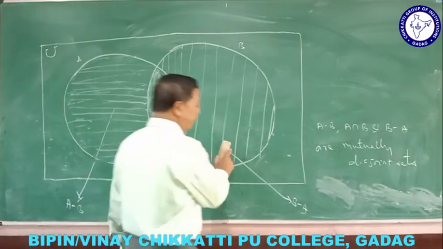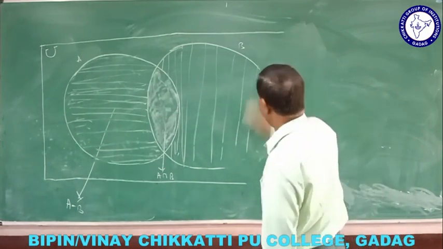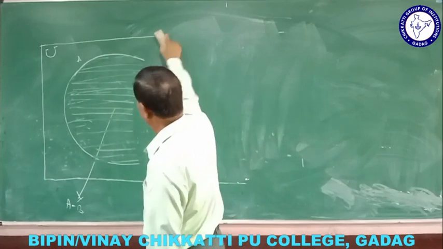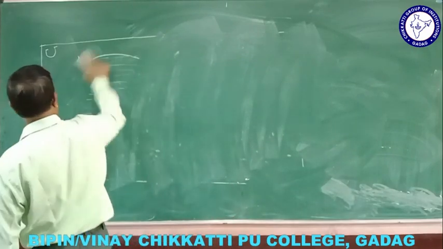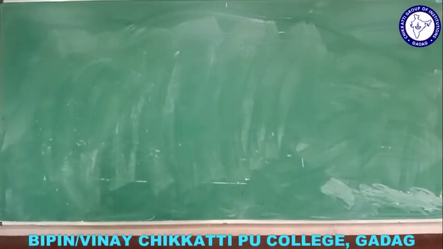Why am I telling this? Because next we have to go for some derivations in which this idea must be utilized, otherwise the derivation may not be understood clearly. For that purpose I have taken it here.